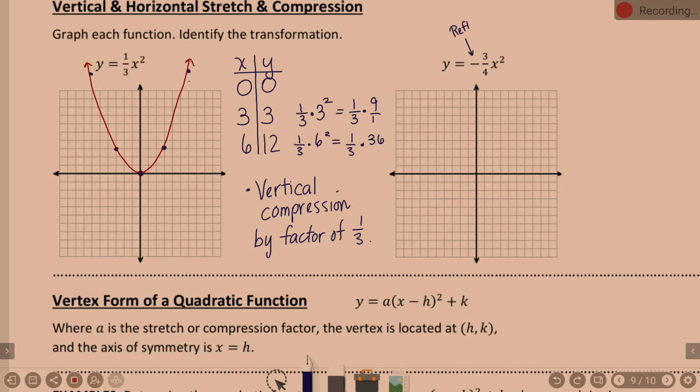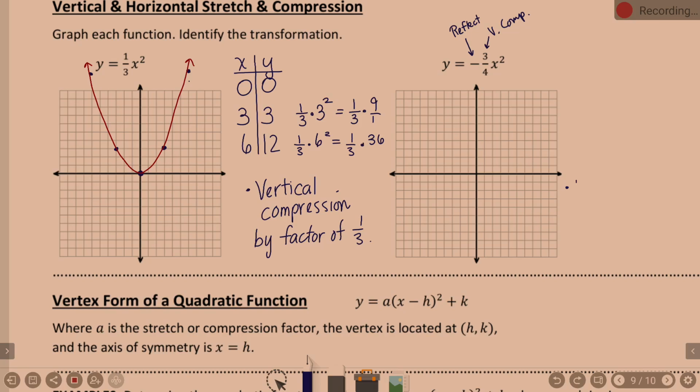What's the 3/4 going to do? Okay, it's a multiplying number out front, so it's either a stretch or a compress. Because it's a number less than 1, it's going to be a vertical compression. Okay, so I'm going to come down here real quick and write that out, and then we'll do the graphing.